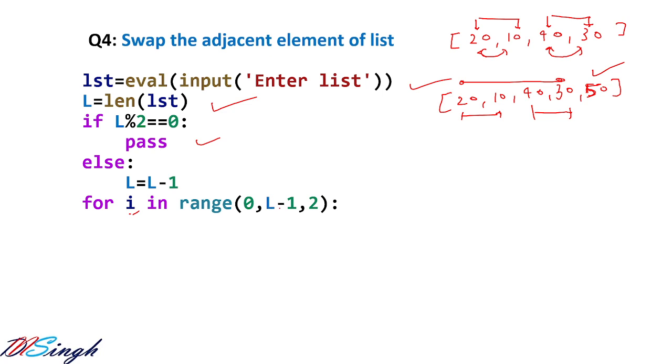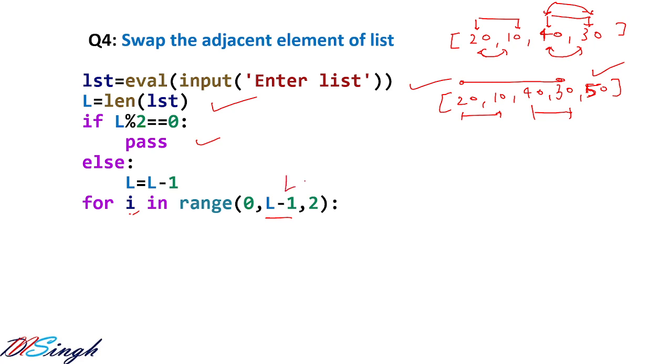The last index is going to be the stop index for us, but we want to stay one less than that, because we are going to swap these two, so we will go one less than that. So we have taken here L minus 1. Remember that this is very important, otherwise you will get an index out of range error.